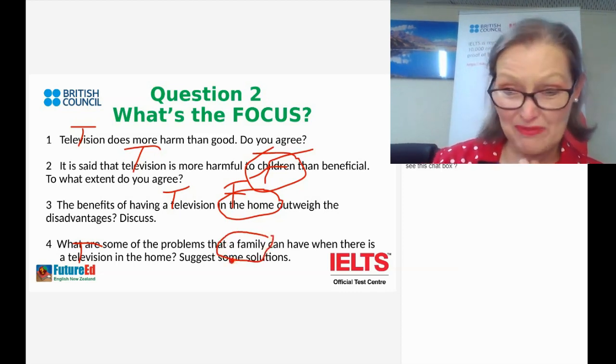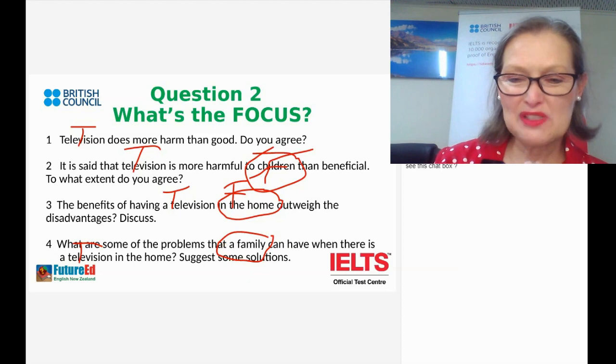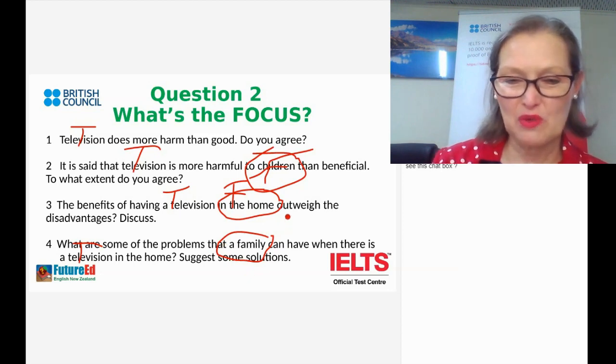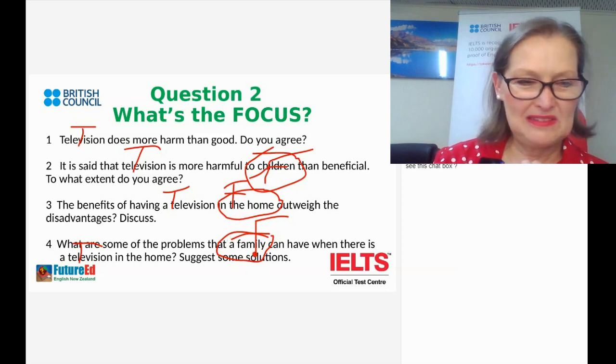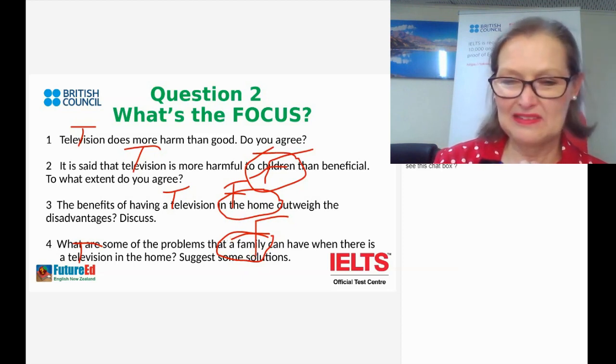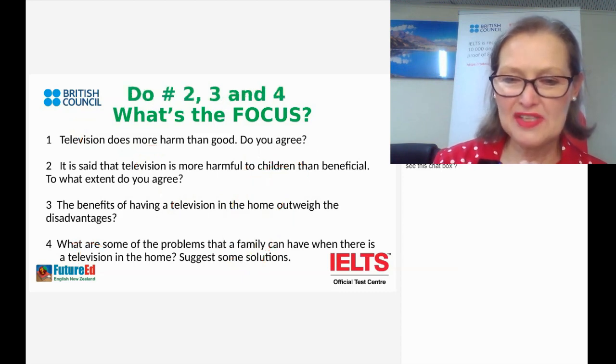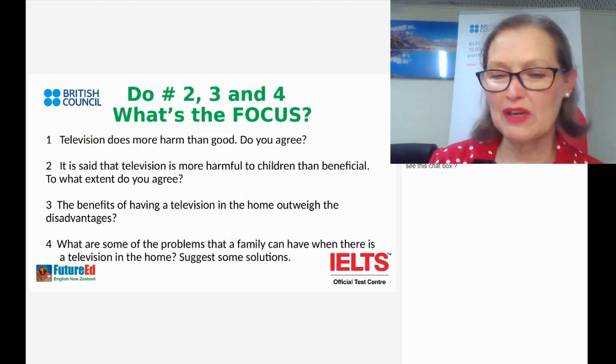Let's have a look at question number 4. Yes, and what is the focus for question number 4? It's about the problems. This time, that's an interesting one, isn't it?